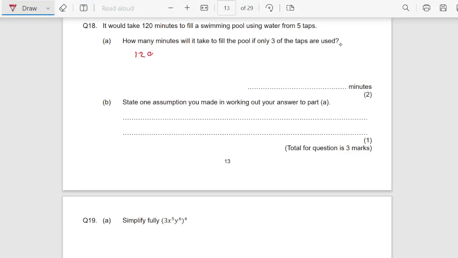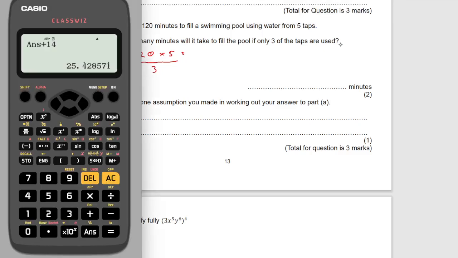I tend to use a bit of a shortcut for this though. If it takes 5 taps, then the amount of units is going to be 120 times by 5. We're doing it using 3 taps, so divide by 3. And that will give us our time in minutes.